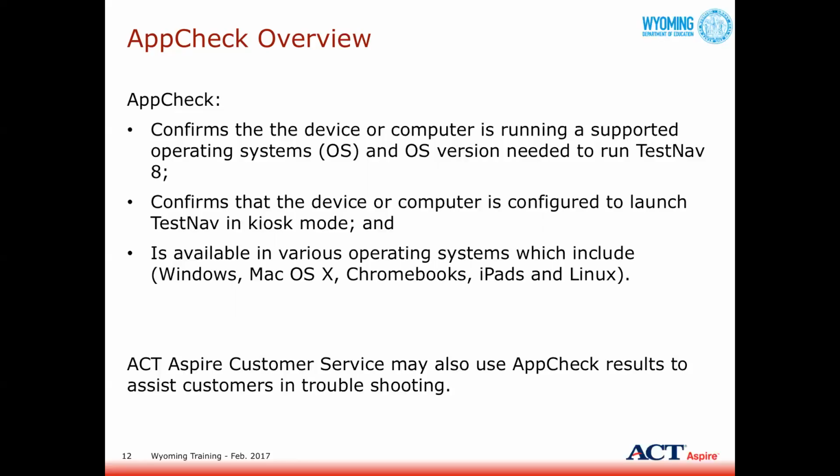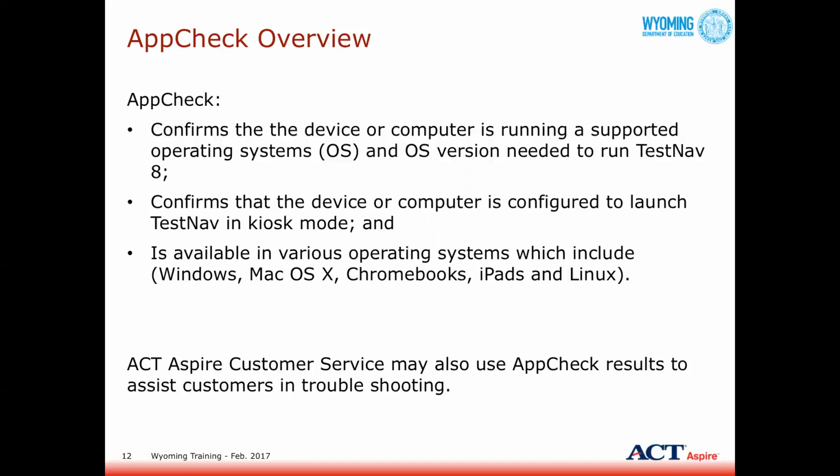So now what we've seen is more and more folks are just using the TestNav app, and we've installed that particular function into the TestNav app itself, and we called it App Check. So instead of using System Check, now it's using what's called App Check.